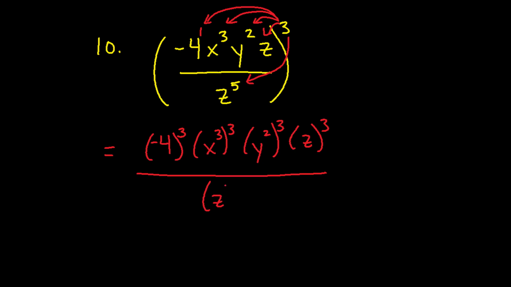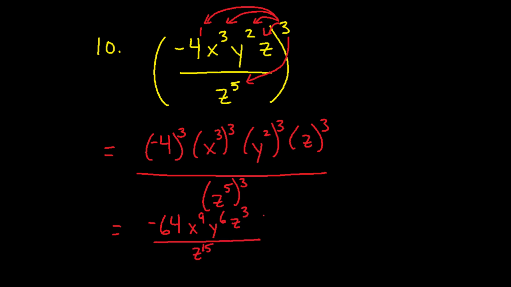So z to the 5th to the power 3. This will simplify to be -4 times -4 times -4, which is -64, x to the 3 times 3, so x to the 9th, y to the 2 times 3, so y to the 6th, and z to the 1 times 3, so z cubed, all over z to the 15th.